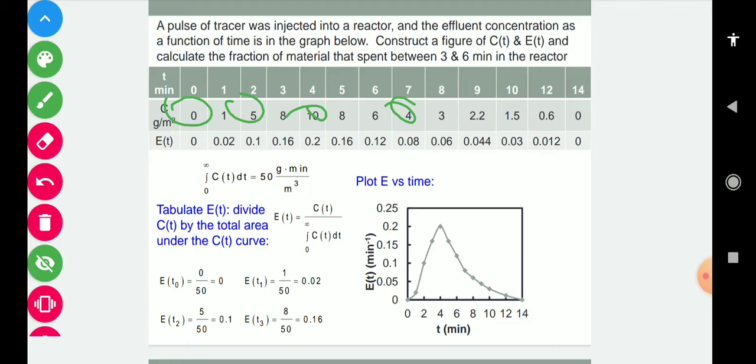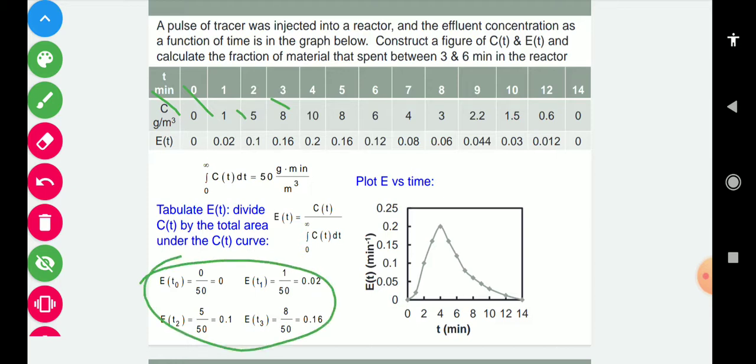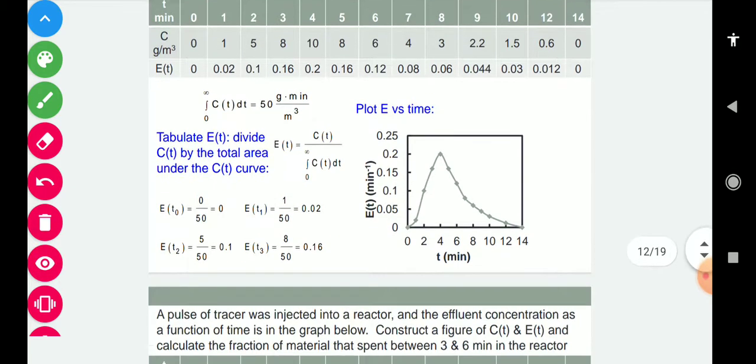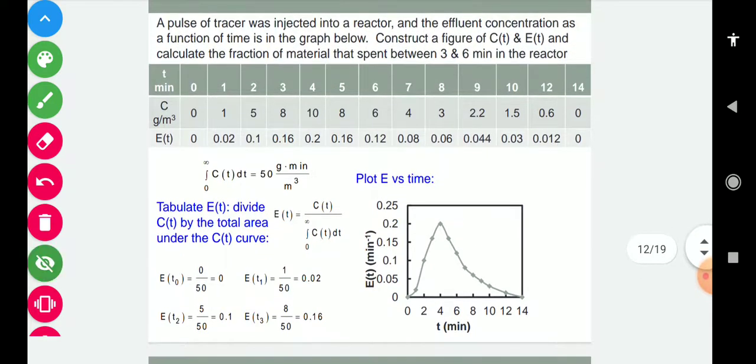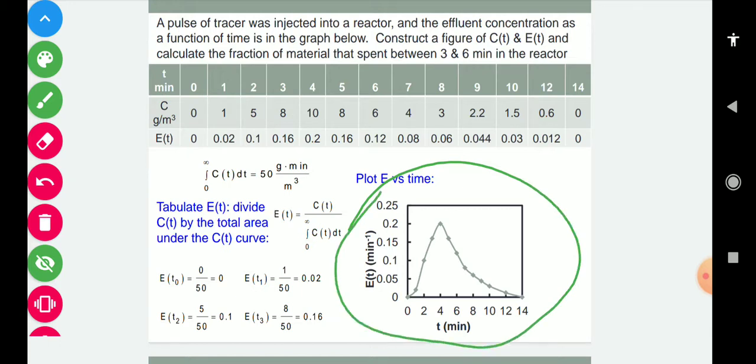So like E(0), E(1), E(2). E(0) means concentration here is C0. At E(1) the concentration is 1.5. Similarly we put these values. Finally we can calculate E(t) at different points, and after calculating, we can plot the E(t) versus time graph.